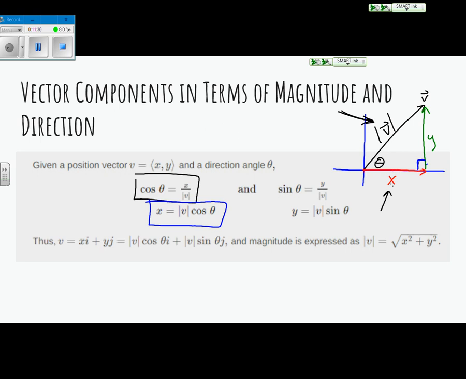All right, but what about this y right here? The only difference with this y is that I'm dealing with the opposite side and the hypotenuse. Well, we know good and well that the opposite and the hypotenuse is sine. If I simply multiply both sides by v, again, I'm going to get this crucial blue box right here. I want to have that handy.